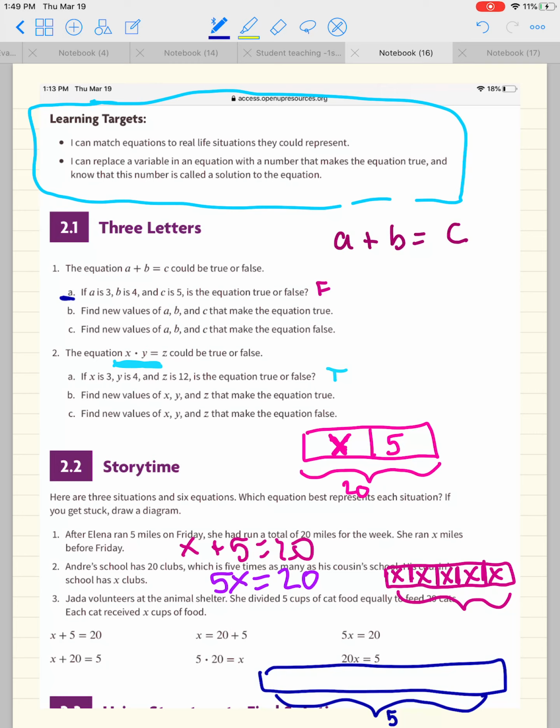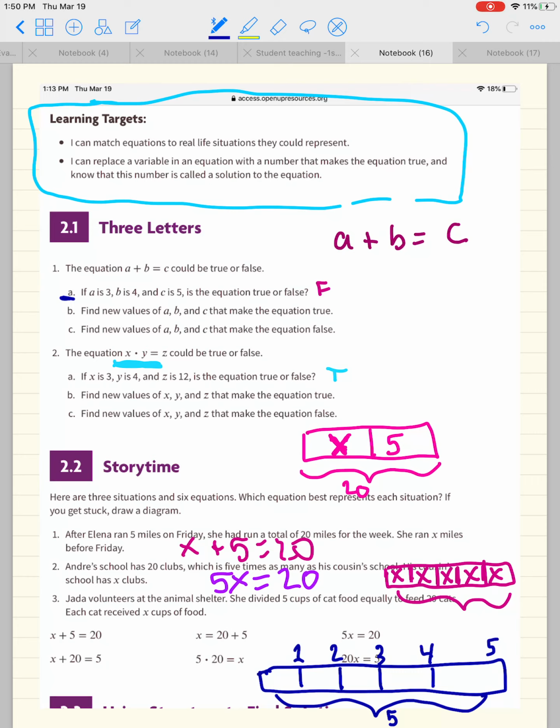So I'm going to have to take this 5 cups and split it into 20 parts. In order to do that, I'm going to go ahead and split each part into a cup.